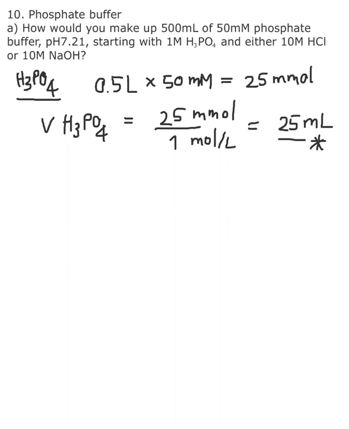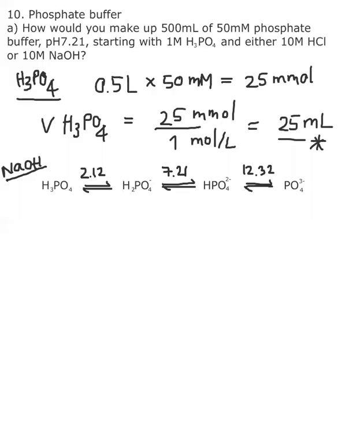So the H3PO4 that we're going to put in the beaker is 25 milliliters. Next, we need to determine the amount of base that we need to raise the pH. To calculate it, you have to look at how phosphoric acid deprotonates, and look at the pKa.